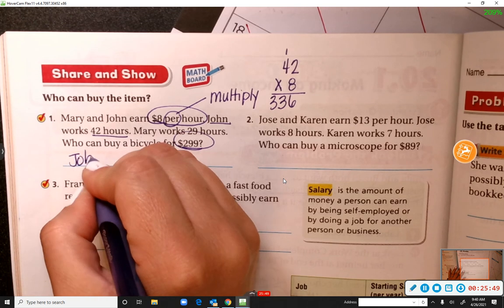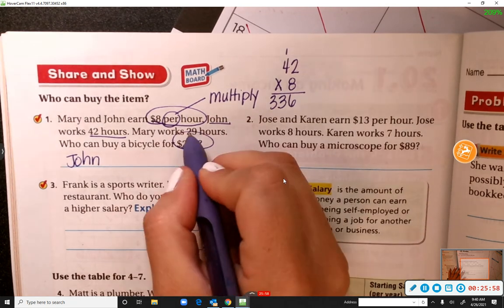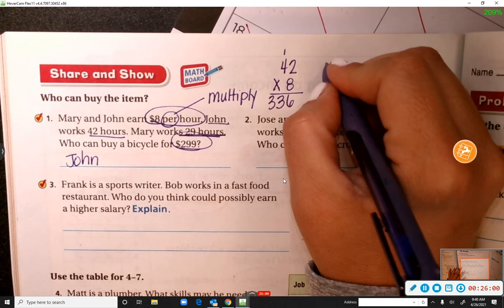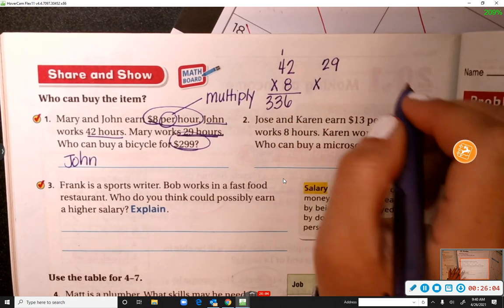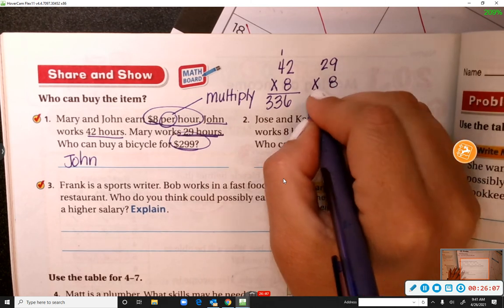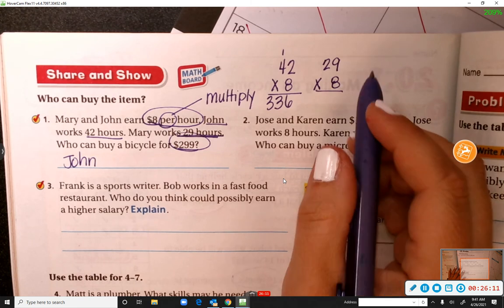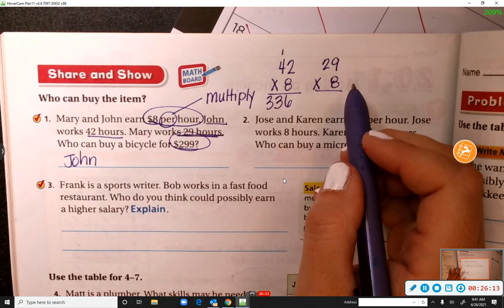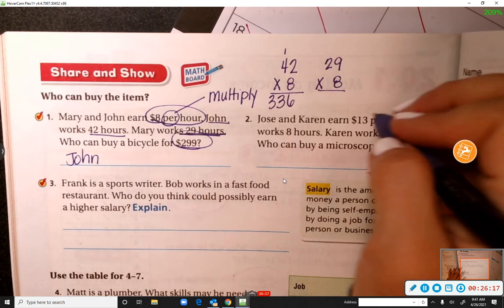Let's see if Mary can. So what are we going to do to see if Mary can buy the bicycle? 29 hours times what? Times 8. Jalen, you need to pay attention. If I'm writing, that means you're writing. 9 times 8 is 72.